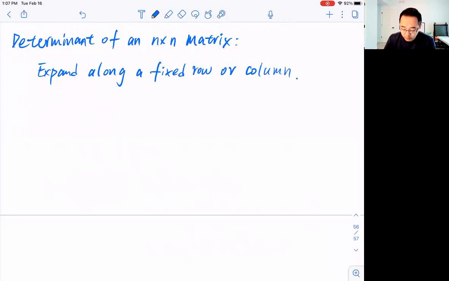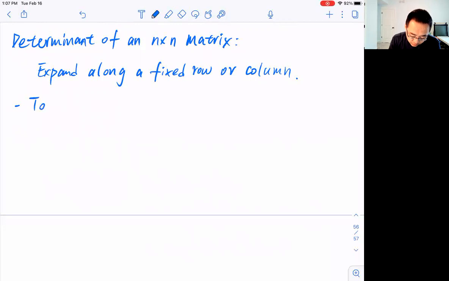And the result actually does not depend on which row or column is chosen. You can use any row or column in the matrix to figure out the determinant of this n by n matrix. Let's look at how that works, and then I'll give you an example.